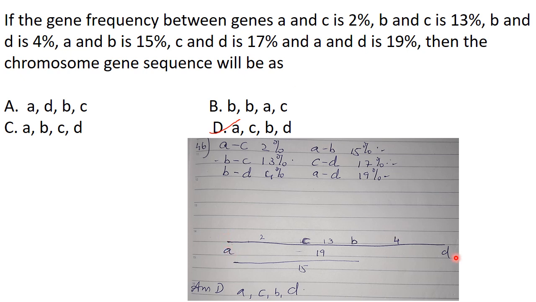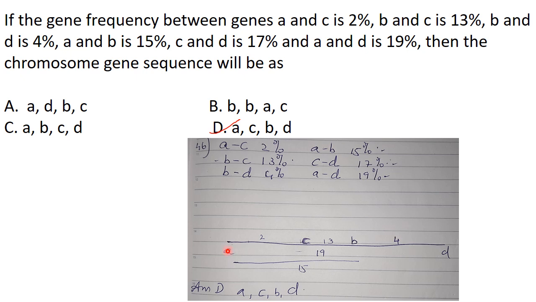So A here, D here, A and D at the ends. Now you have to see for B and C location. So they have given A and C is 2%. So C is nearer to A. So it must be A, C and B.